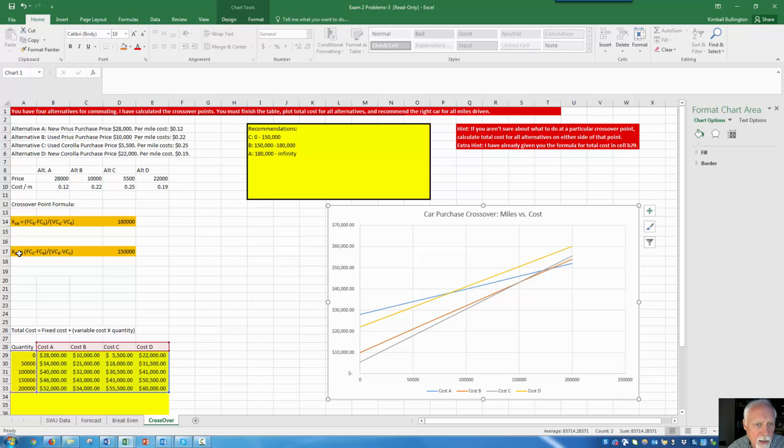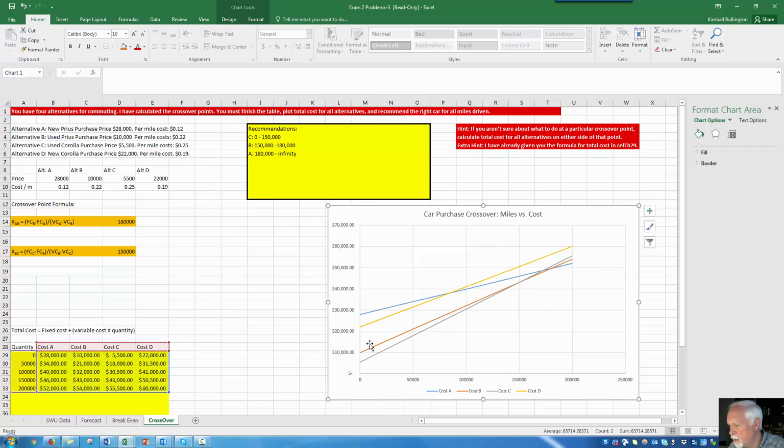So we've got three alternatives dealt with. We started with C because it was the low fixed cost alternative. We crossed over to B at 150,000. Then B lost out to A at 180,000. Do you see it here? For C, we're good up to 150,000, and then we crossed over to that orange, that's B, from 150,000 up to 180,000, and then we cross over to A from then on.